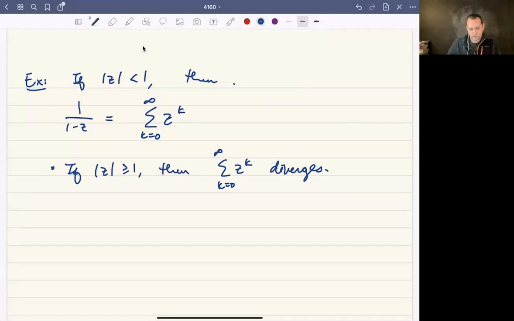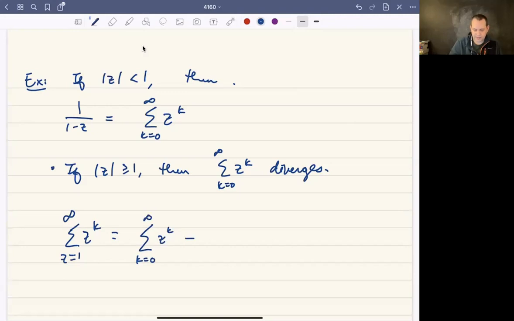The book, for whatever reason, really likes it when these series start at 1. So when you have the sum from 1 to infinity, this is really just the same as the sum from 0 to infinity minus what happens when k is 0.